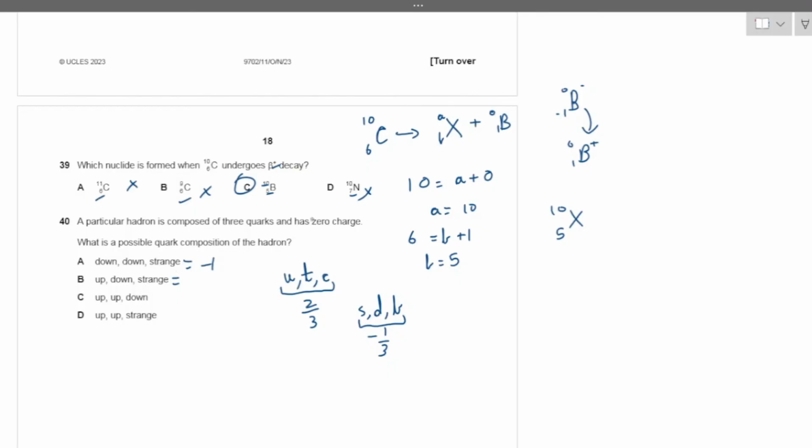They're asking for zero charge overall. Up is 2 by 3, down is minus 1 by 3, and strange is minus 1 by 3. So 2 by 3 minus 1 by 3 minus 1 by 3 gives you 0. Therefore, option B is your correct option.